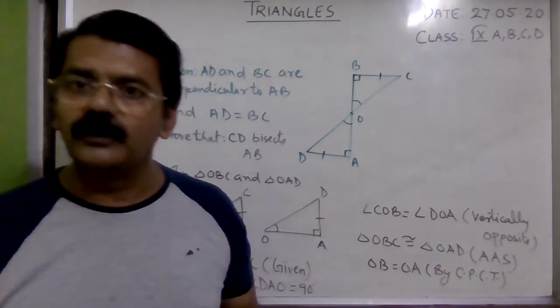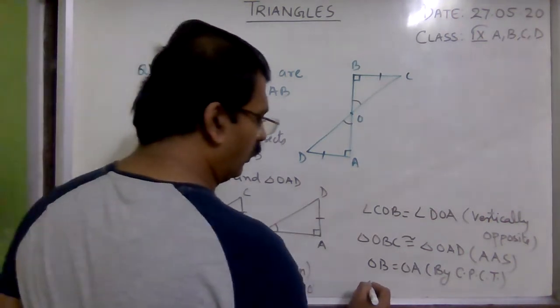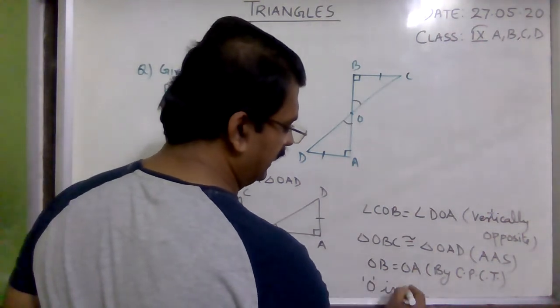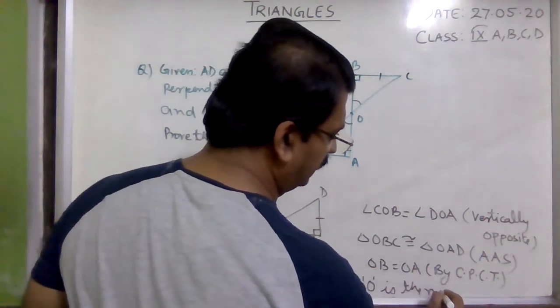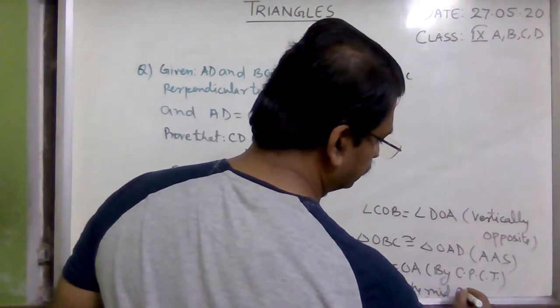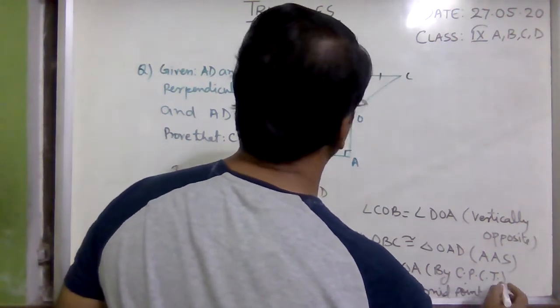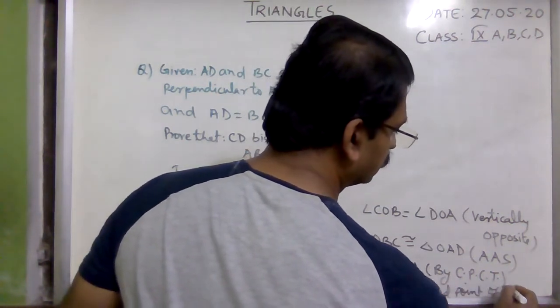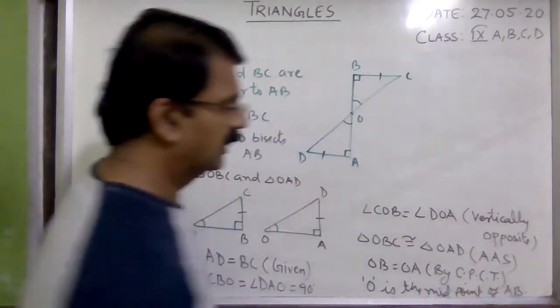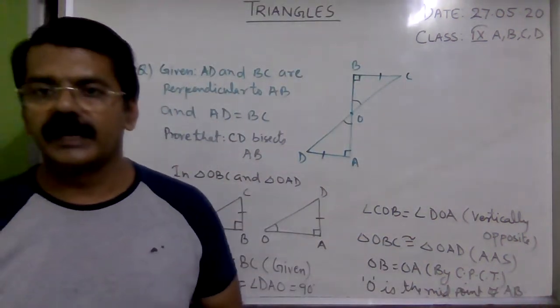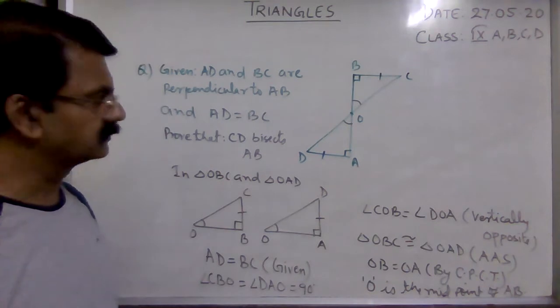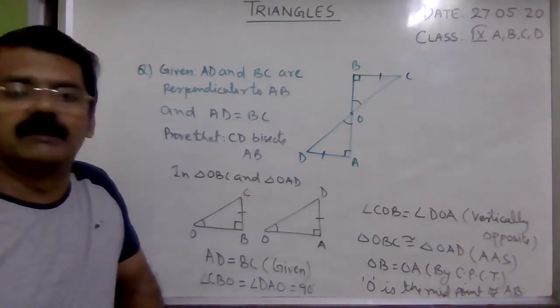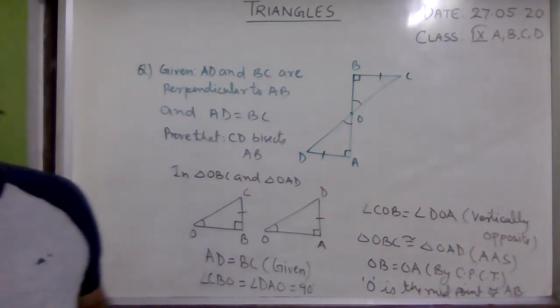That is what we have to prove in this question. O is the midpoint of AB. Clear? So we'll move to the next question.